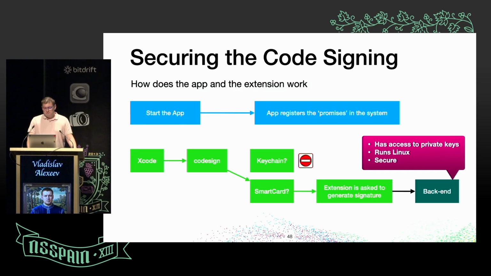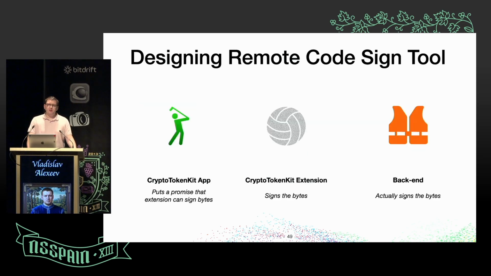Let's have a look at how we can redesign this application. There will be 3 parts inside this flow, sorry. The application, which uses Crypto Token Kit to register promises. Then the extension, which will be asked to perform the code signing.